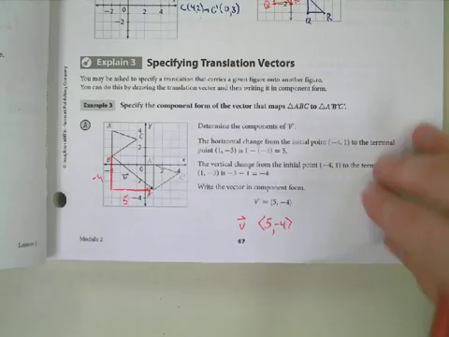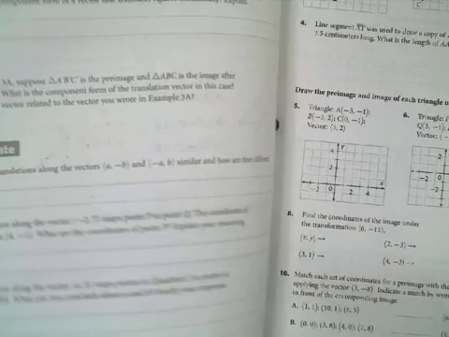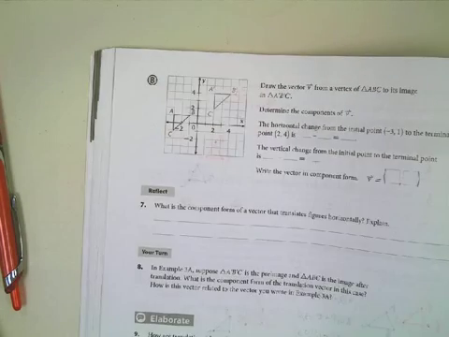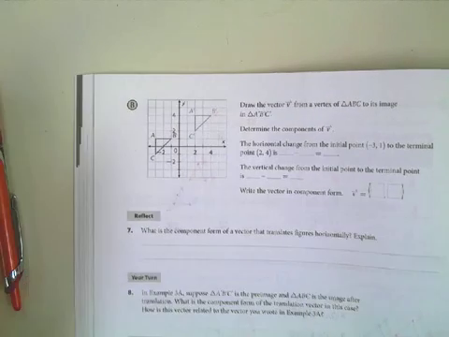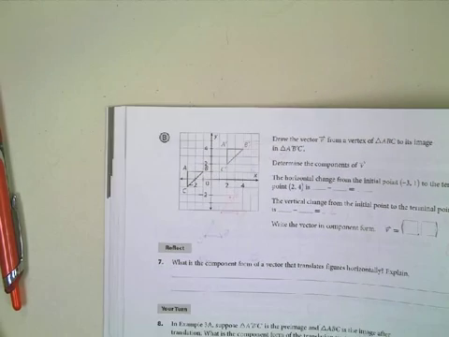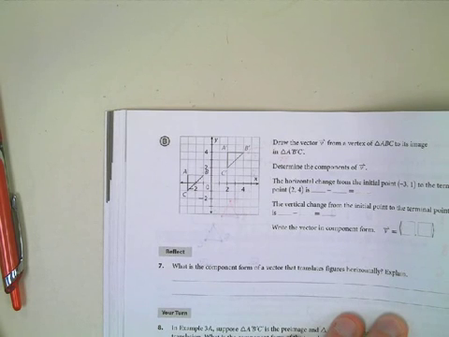So let's look real quick at letter B, and then we'll give you your assignment. Notice in letter B, we don't have a vector drawn for us, so we can draw one.